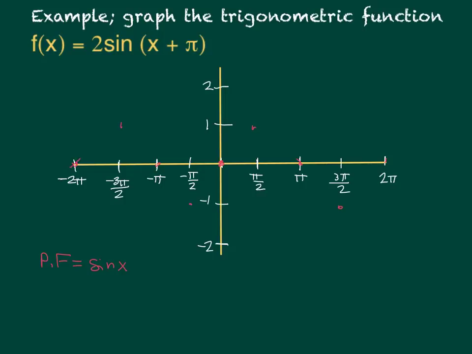Alright, so then I'm going to just connect my points here. So there's my parent function. Now I need to figure out how it's moving. The first thing it's doing is vertically stretching by 2, because that's multiplied by 2 on the outside.